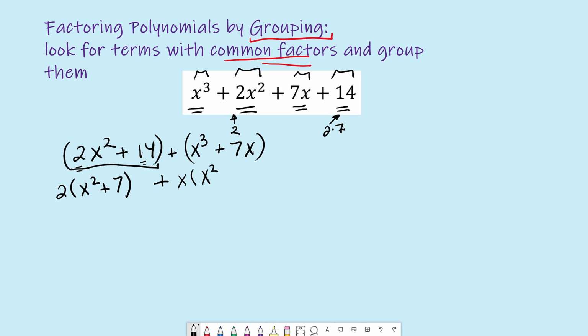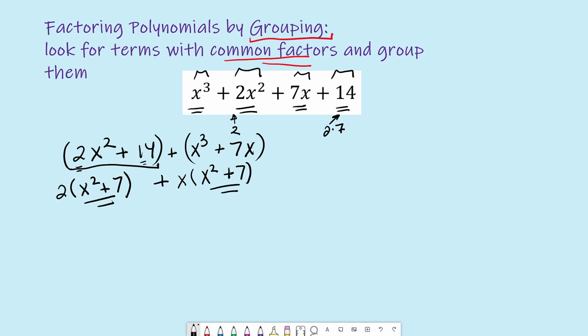That will give us x cubed, x times x squared, plus 7, right? Because the 7 times x here will give us 7x. So we have our 2 terms here, our 2 group terms. And look, inside the parentheses, we actually have the same term. We have x squared plus 7.